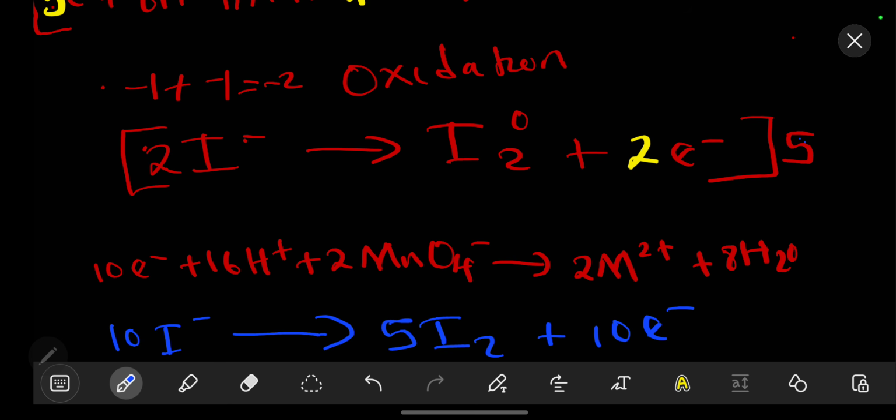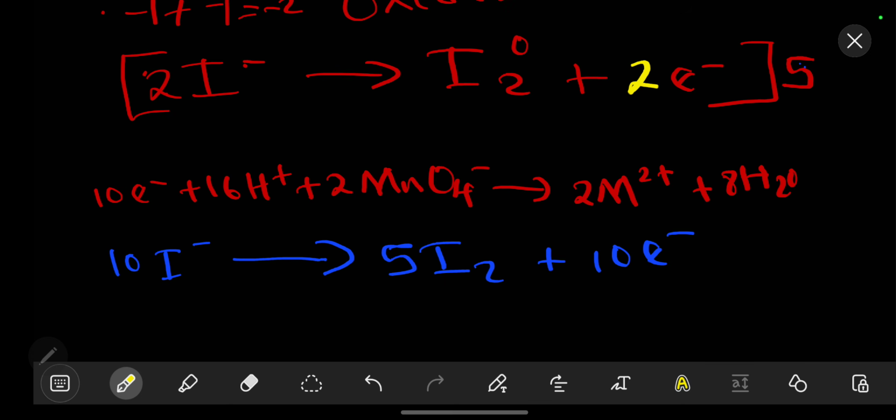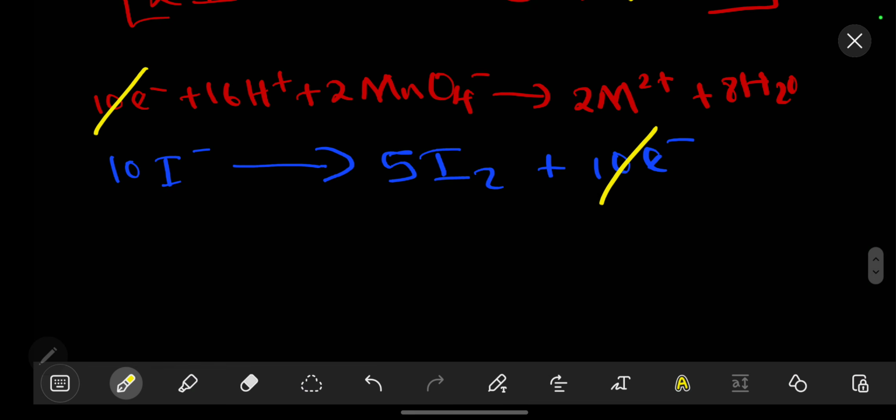So as long as you have now written the electrons on opposite sides, it means you can cancel them. Then just write what is remaining.